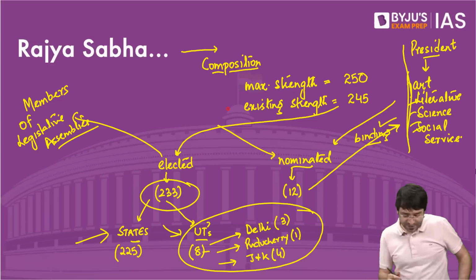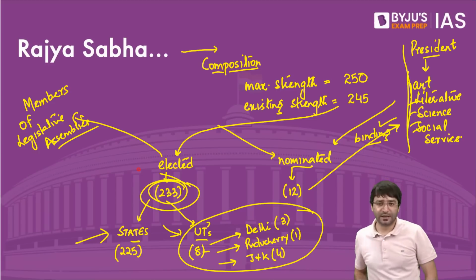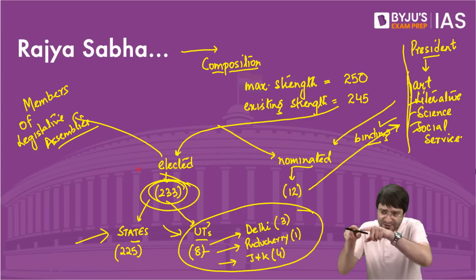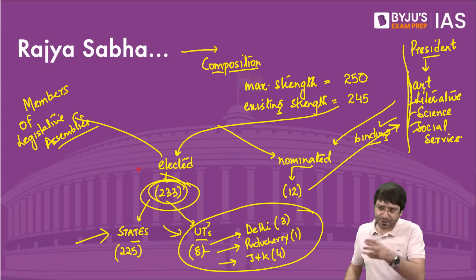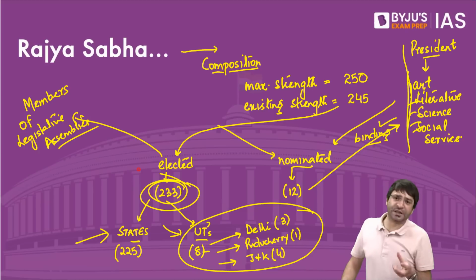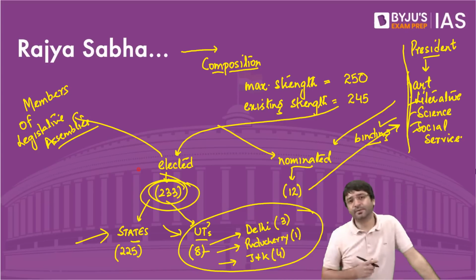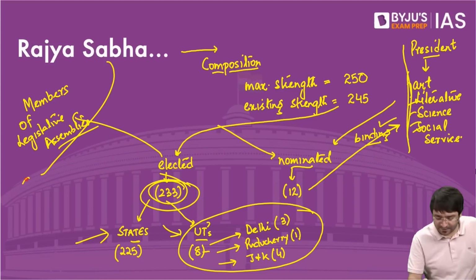If we have 233 MPs to Rajya Sabha to be elected, election takes place in the legislative assemblies. That means those states which have a legislative assembly and those union territories with legislative assembly, only their MPs will be there in Rajya Sabha. And that is why we call Rajya Sabha Council of States.